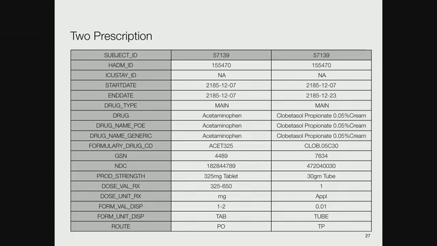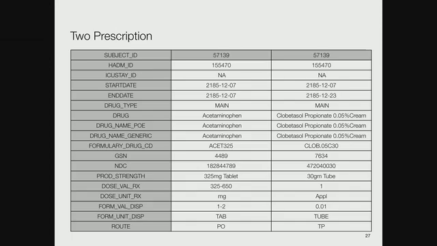CLOB.05C30. And if you look, there's also something called a GSN, which is some commercial coding system for drugs, maybe having to do with who their drug supplier is at the hospital. And these have different codes.